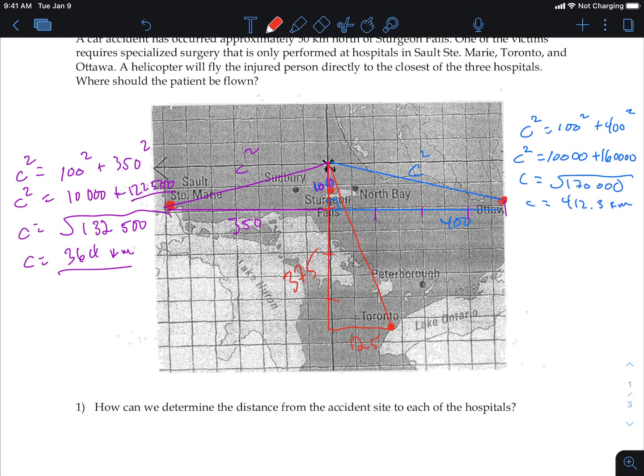We can do the math on that. We do the same math. Does anybody have a number for that? Just give me a number for the red line to Toronto, basically. 395. Okay, so it's the same work, everybody, okay?